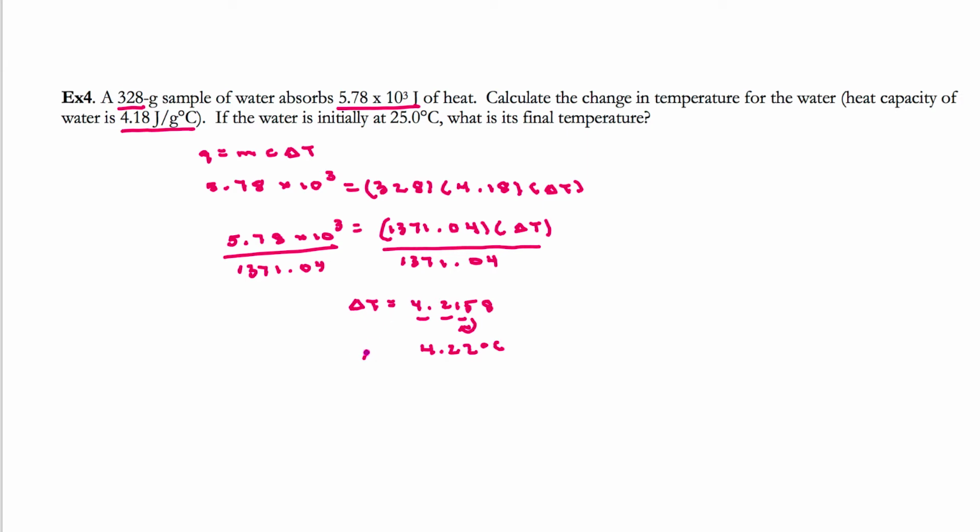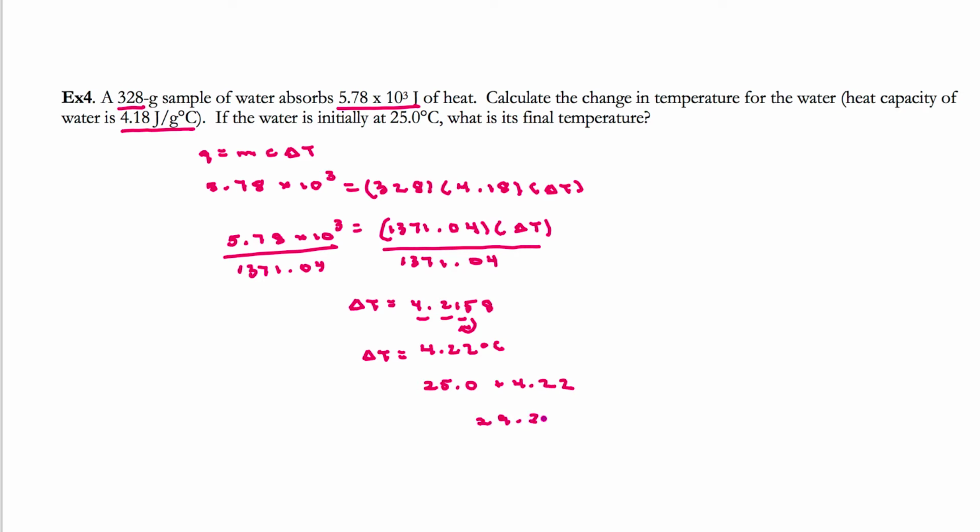So this is my change in temperature. It increased by 4.22 degrees Celsius. The question goes on to say, if the water is initially at 25, what is its final temperature? Well, if it started at 25 and it increased by 4.22, then I need to add that 4.22 to find the final temperature. So this would be 29.22.